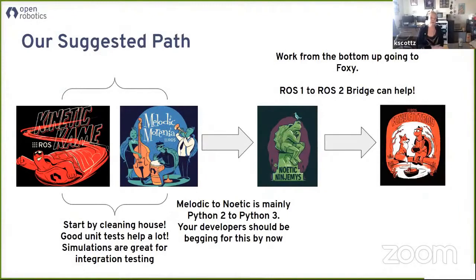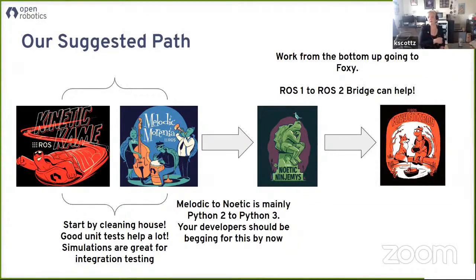So our suggested path for transitioning out of Melodic and Kinetic is to first go through Noetic. And the reason for this is that transition gets you through the Python 2 to Python 3 transition. And if software developers at your organization aren't begging to move over to Python 3, something might be wrong.